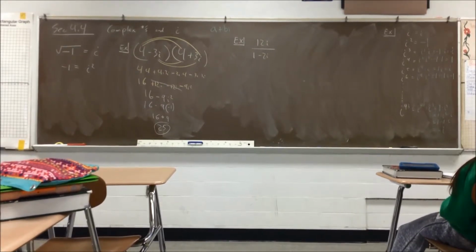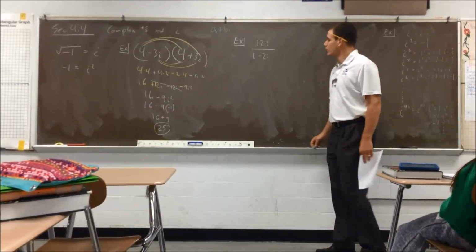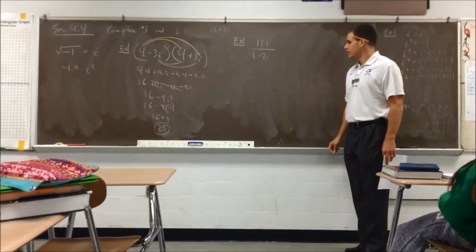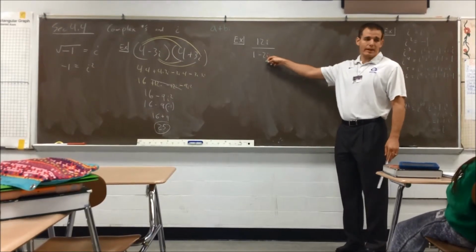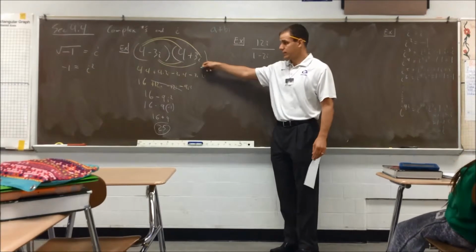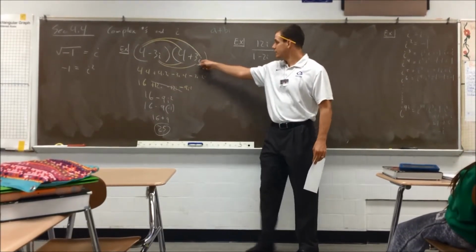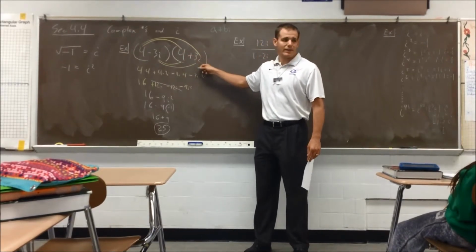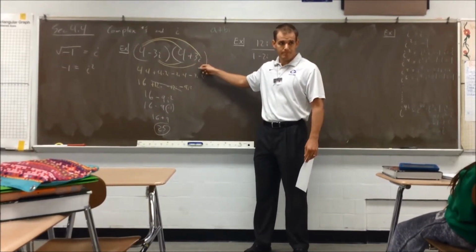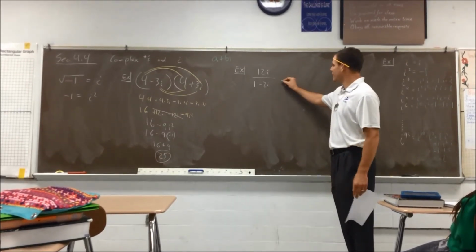We're going to use the identity property, multiply it by the same number, top and bottom. Well, we want to get rid of the i on the bottom. Look at what we just did. When we multiplied by 4 plus 3i, did we have any i's in the answer? No. So what do you want to multiply the bottom over here by?